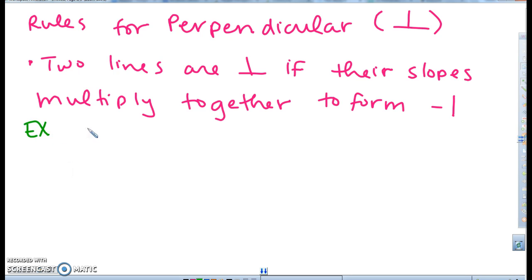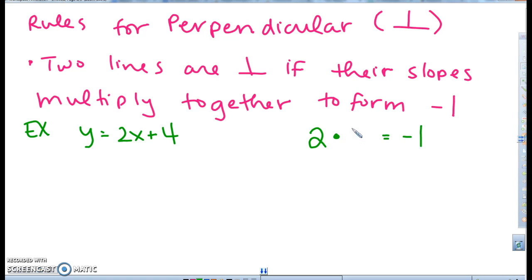So I'm going to start with that same line, y equals 2x plus 4. And to write a line that's perpendicular, I need something times 2, because that was my slope of this line, to multiply to equal -1. Well, I know to equal +1, I would multiply by the reciprocal. So to equal -1, I'm going to multiply by the negative reciprocal.